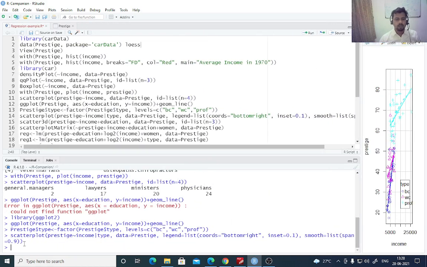Alright, so the next thing that we do is plot a three-dimensional scatter plot of the regression that we are about to undertake. This can be plotted using the scatter3d function, which again comes with the car package.